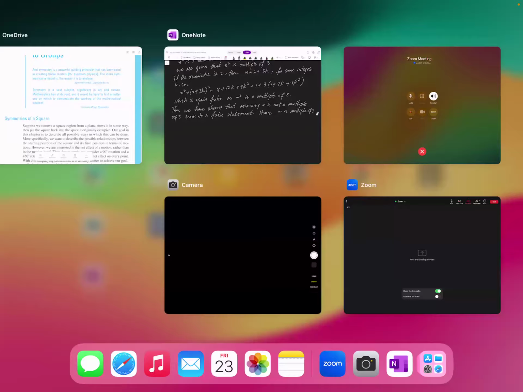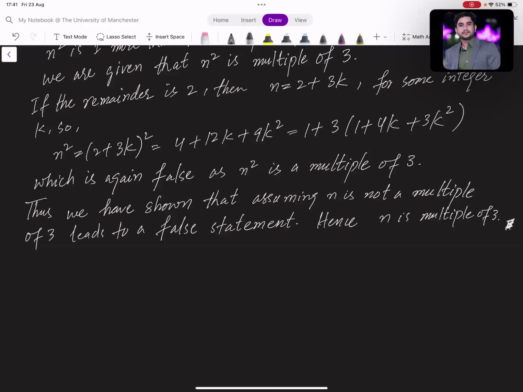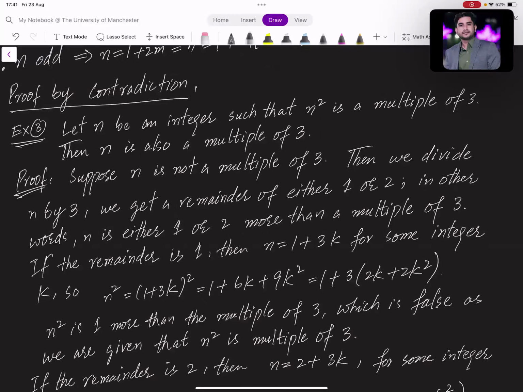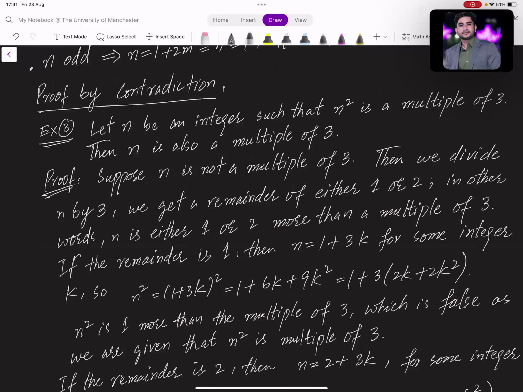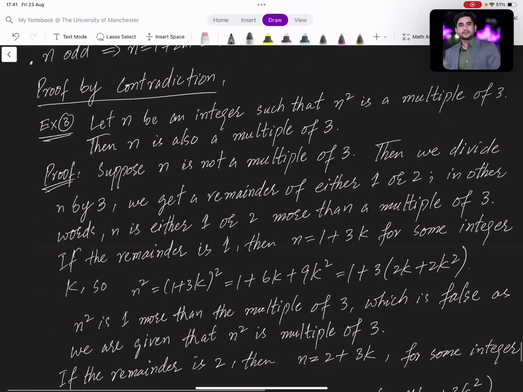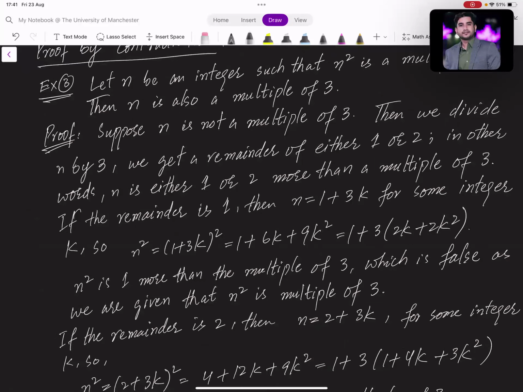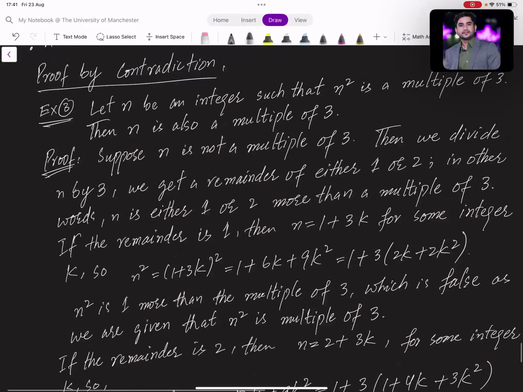Bismillahirrahmanirrahim. In the last lecture, we were talking about an example: let n be an integer such that n square is a multiple of 3, then n is also a multiple of 3, and we proved that using a different proof technique, proof by contradiction.